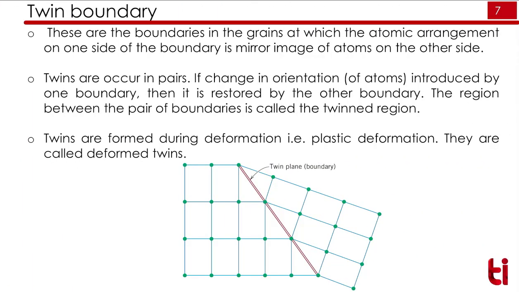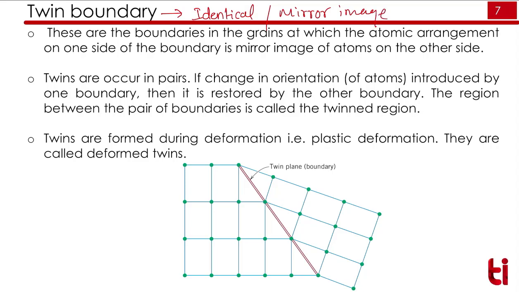The third kind of defect is called a twin defect. As you know, a twin is the identical mirroring of two objects. So if you say twin, it means that two objects are identical in nature or they are mirror images of each other, right?